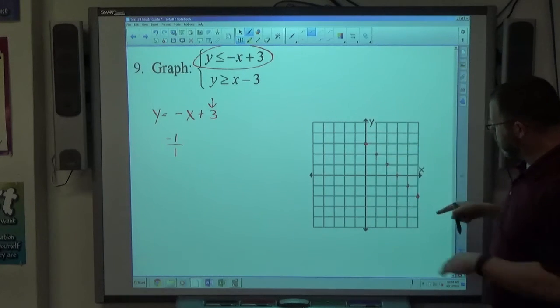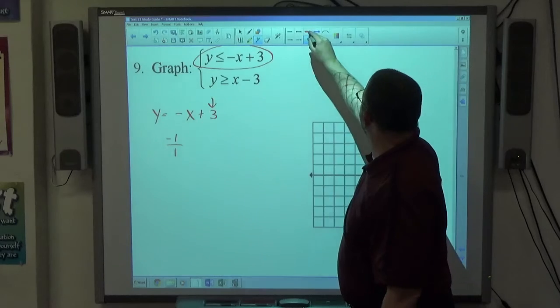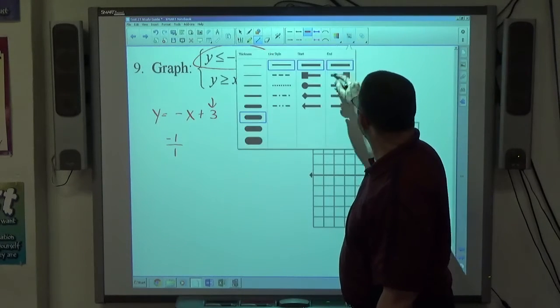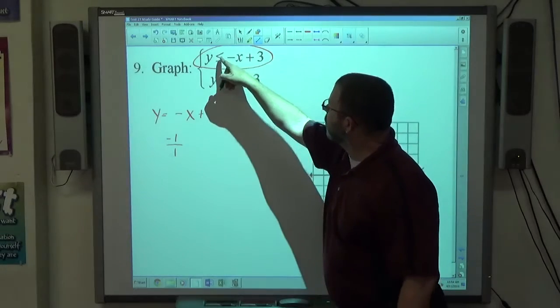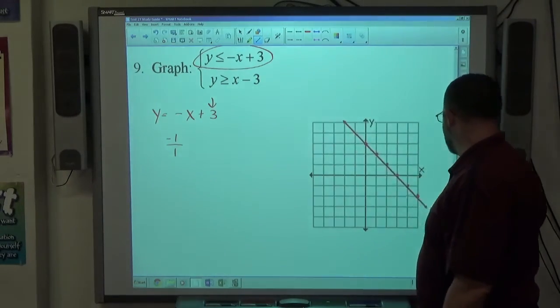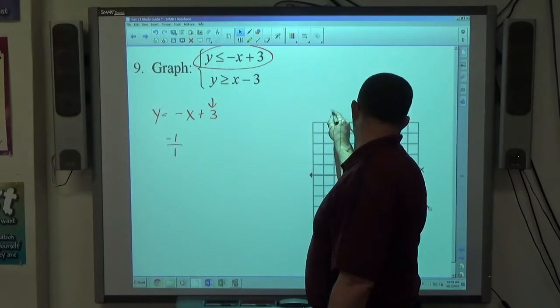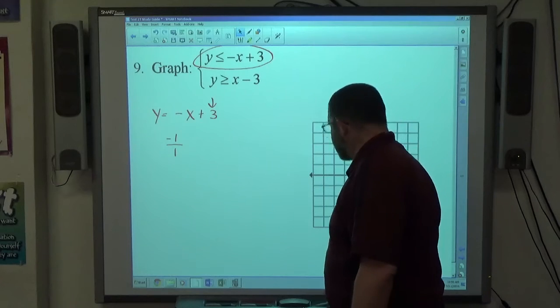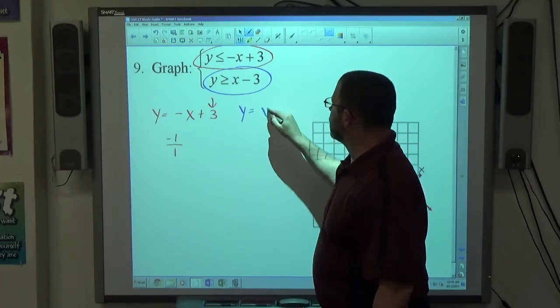The negative slope going down from left to right. And I'm going to connect those dots with a solid line. Solid because it is less than or equal to. So solid line going that direction. The second inequality, I'm going to make it y equals x minus 3.